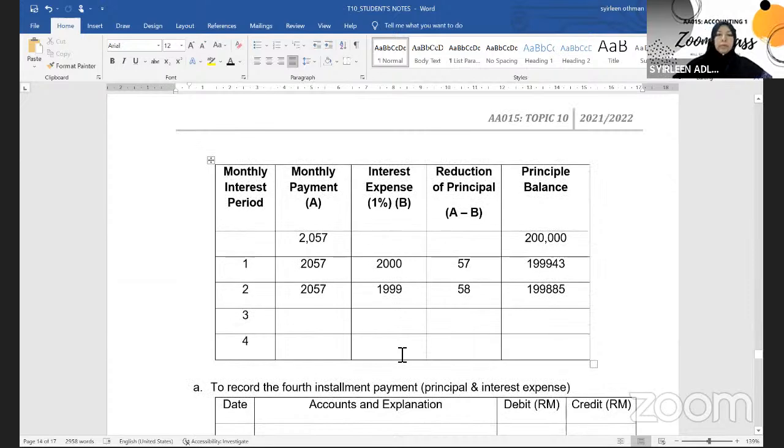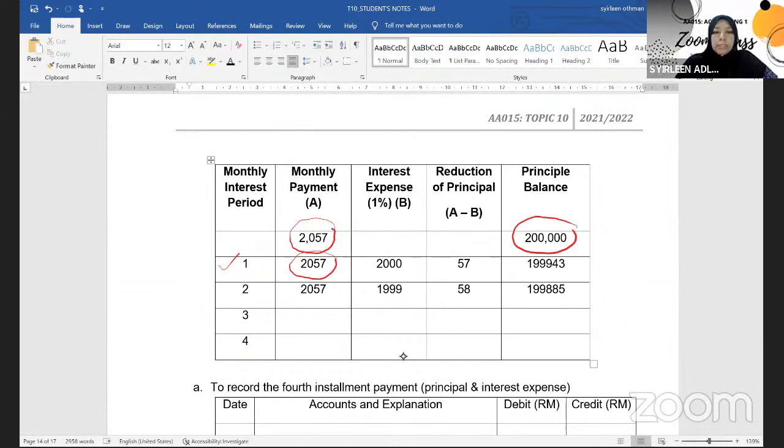Okay, so you are supposed to pay RM2,057. At that moment, your principal balance is 200,000. This is our debt from the start. So for the first month, you pay RM2,057. What is RM2,057?